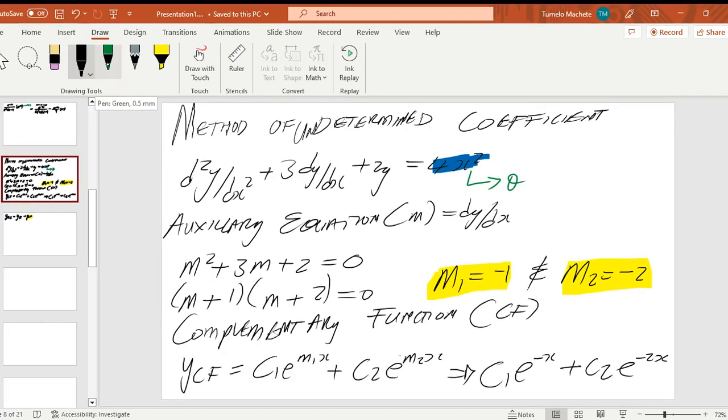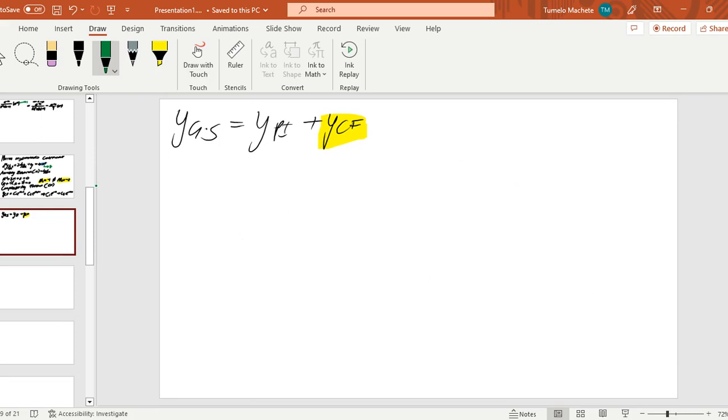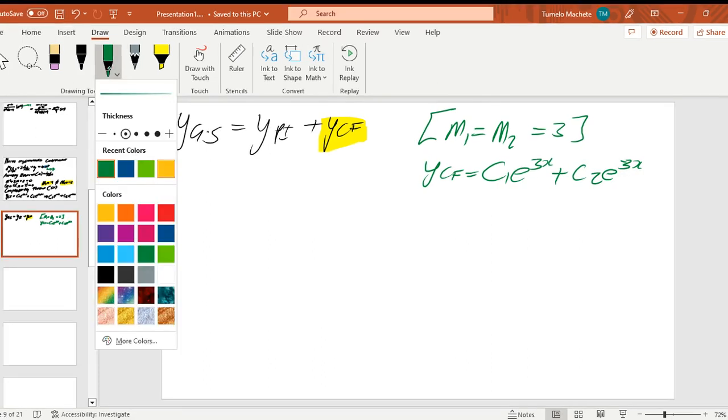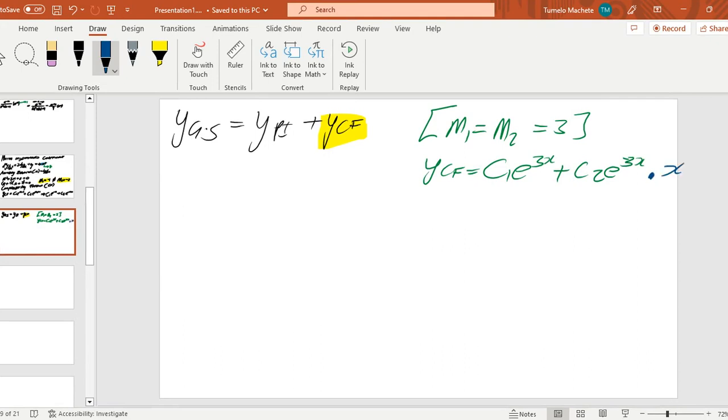Before I find the YPI, let's say the factors of m were the same, for example m1 equals m2 equals 3. For your YCF, if the factors are the same, you write C1 e to the 3x plus C2 e to the 3x again, but because the factors are the same, you multiply the C2 term by x.